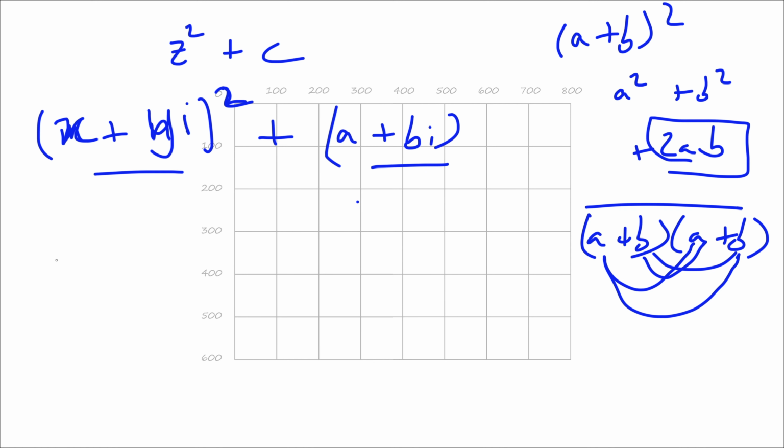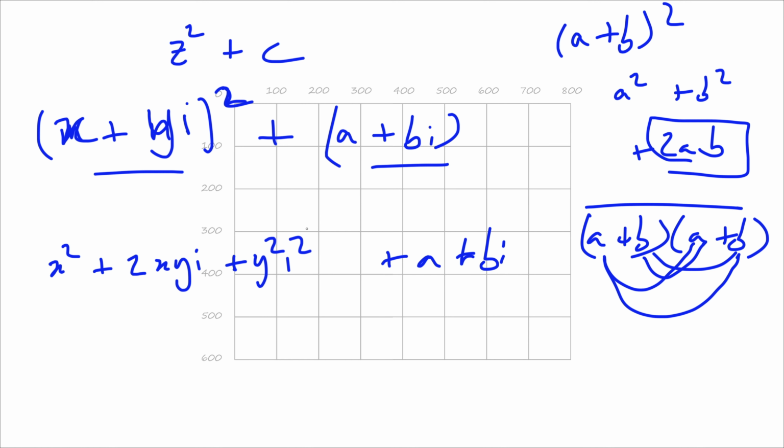So this thing will be x squared plus 2xyi plus y squared i squared, and then we've got a c, which is a plus bi. Now we know i squared is minus 1, do you remember that? So that becomes minus 1. So we've got x squared. Let's collect the real parts and the imaginary parts separately.